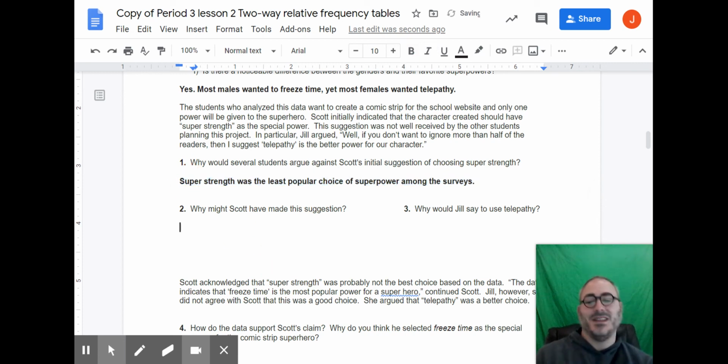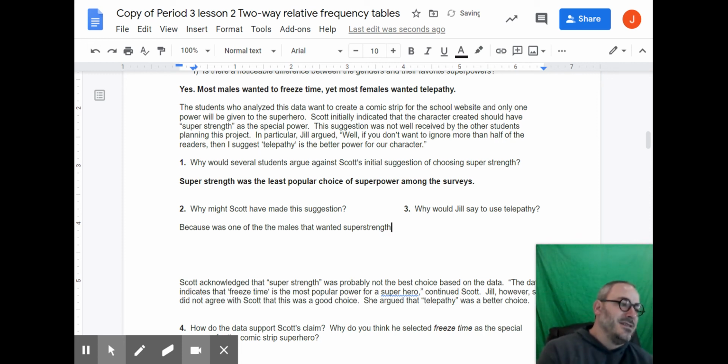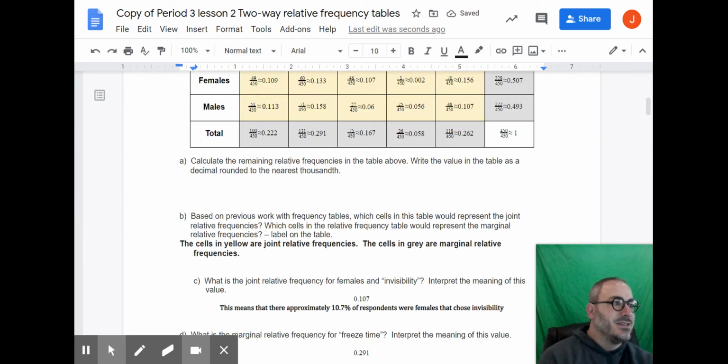Why might Scott have made the suggestion? Because he was one of the males that wanted super strength. Scott wanted it because he was one of the males that wanted super strength. Why would Jill say to use telepathy? Let's go back up. Why would Jill say use telepathy?